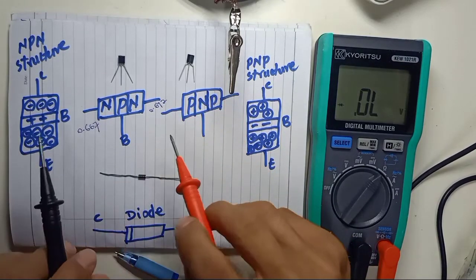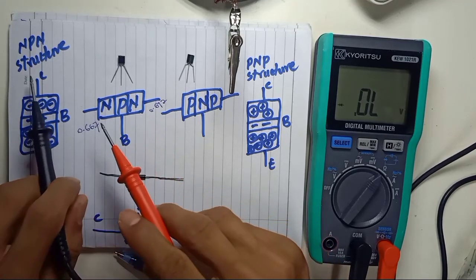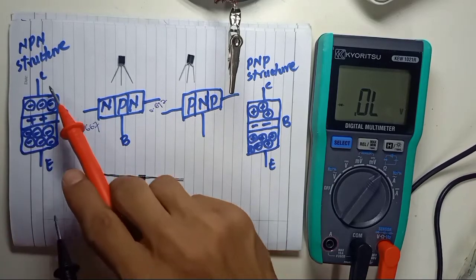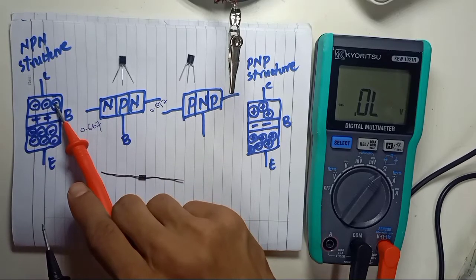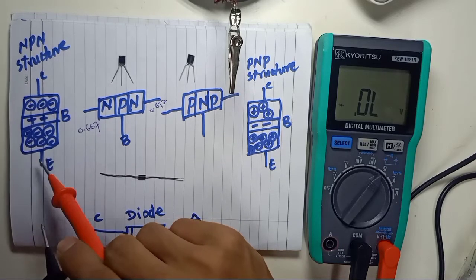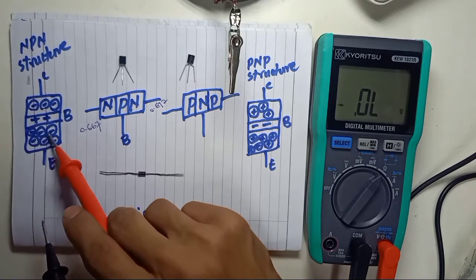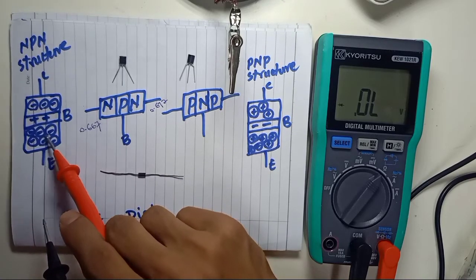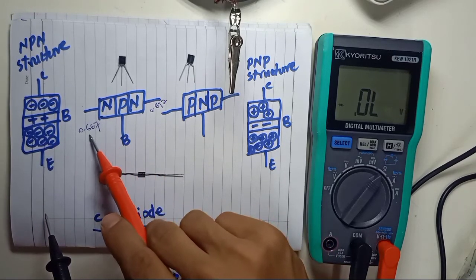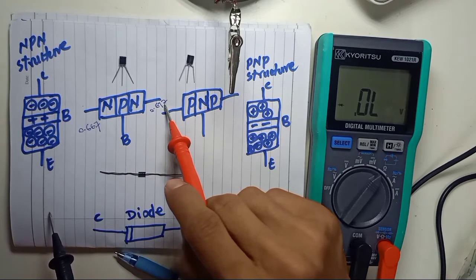We want to identify which side is collector and which side is emitter. This is the structure of an NPN transistor. The collector is lightly doped, the small dots here, and in the middle is the base. The emitter is heavily doped, so you can see a lot of dots here, which is N. So which side has the higher reading? 0.672.